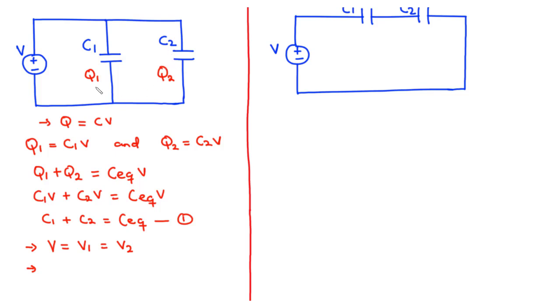However, the total charge Q is equal to Q1 plus Q2. So basically, these are some of the formulas we are going to use to find the equivalent capacitance, the voltage across each of the two capacitors, as well as the charge on each of the two capacitors, considering parallel combination of capacitors. Now let's move on to capacitors in series.